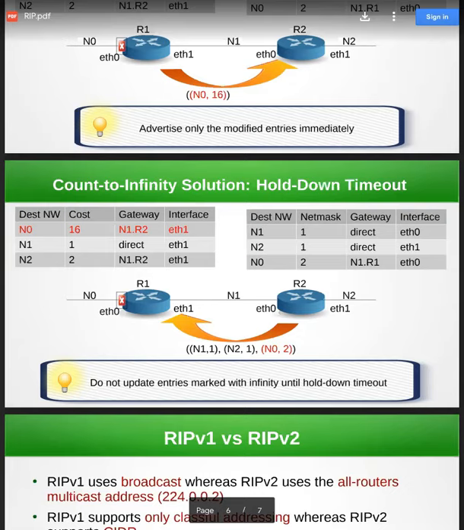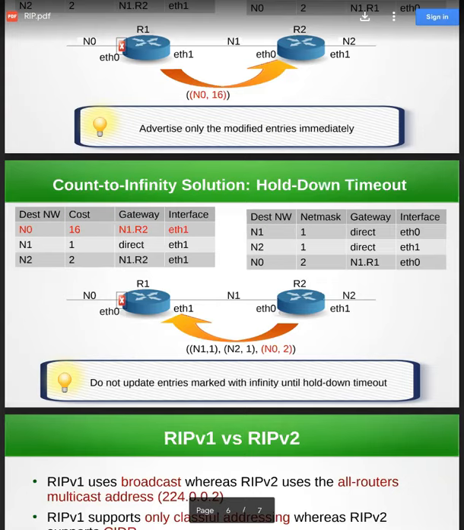So if there is an alternate route, it's okay. Another possibility is somebody can reach this network only through me, but they have not yet received the information that I have lost my connection. So I will not update my entry immediately when I have marked it as unreachable.